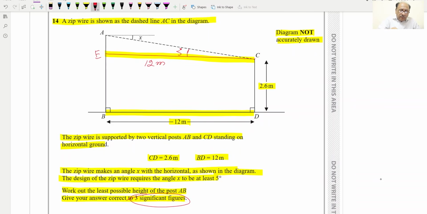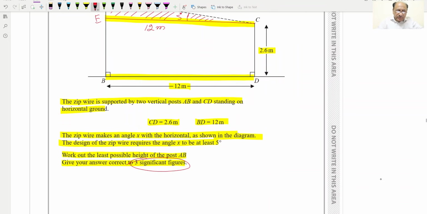Now we can apply trigonometry on this triangle, taking opposite over adjacent. Opposite over adjacent means tan theta, so we can write tan 5 is equal to opposite, which is AE, over EC, and which we can write as AE over 12.